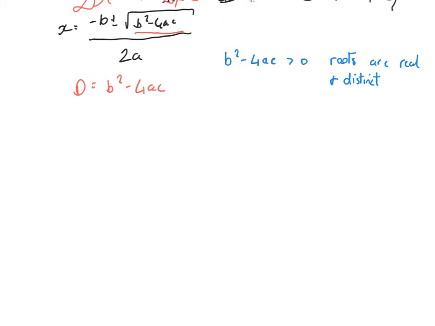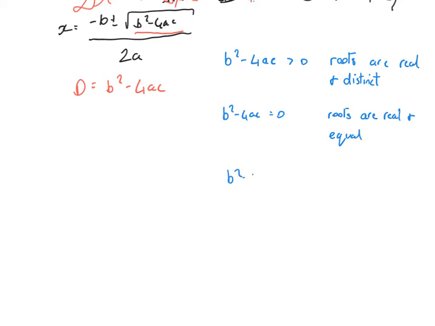Okay, now in class I'll explain what that means, but let's just take that. Now, then we've got b squared minus 4ac is equal to 0, and that means that the roots are real and equal.